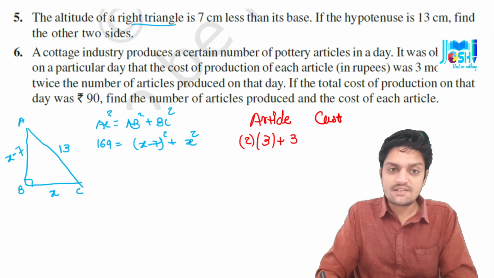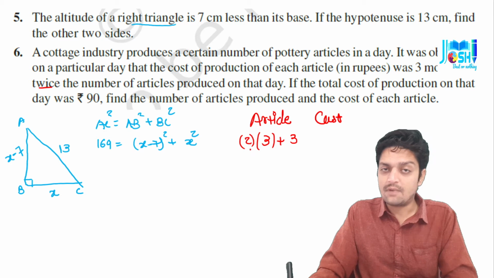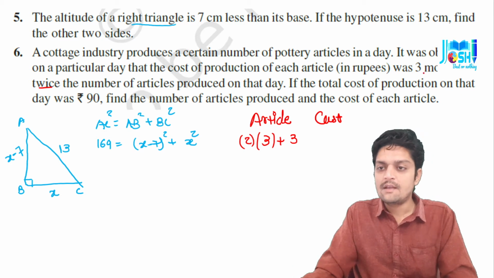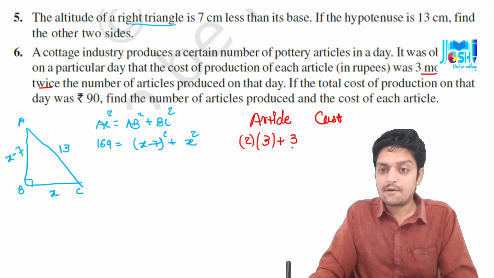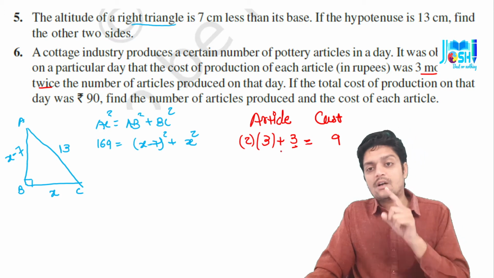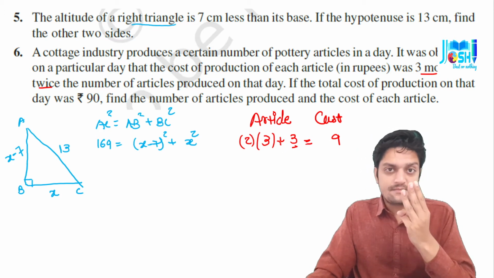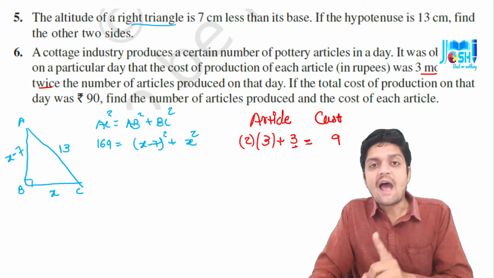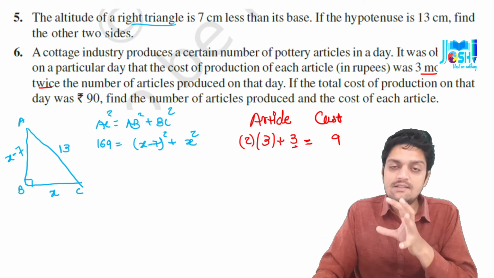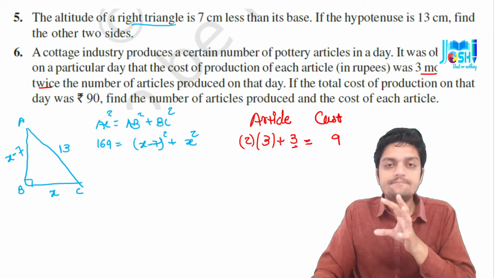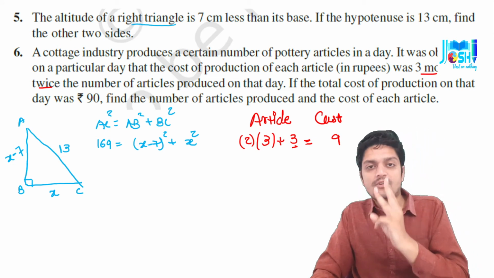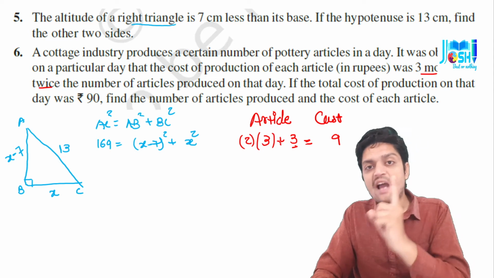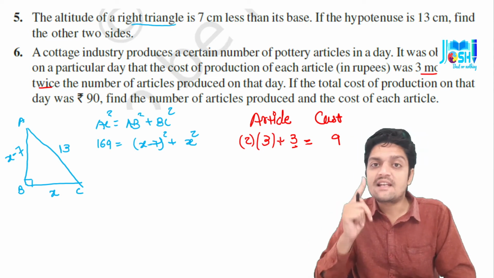Why? Because first it is twice, so I have to multiply by 2. Here it is written 3 more, so I have to add 3. It is equal to 9. So if 3 articles are produced, then the cost of each article is 9 rupees. These things you have to understand. Again, if 3 articles are produced, then the cost of each single article is 9 rupees.